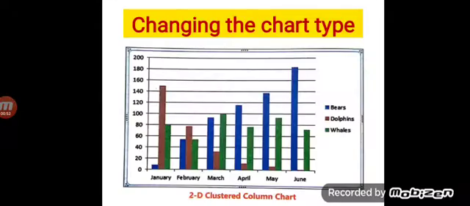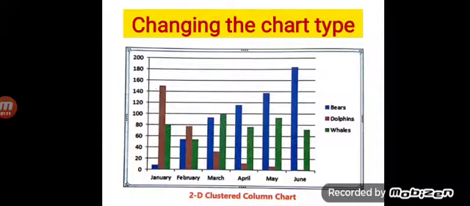Today we'll see how to change the chart types. Suppose in the last session we saw how to create a line chart, and I want to change that line chart to a column chart. So how will I do that? Excel provides an option.